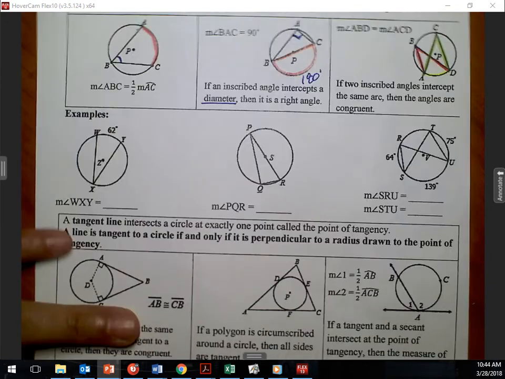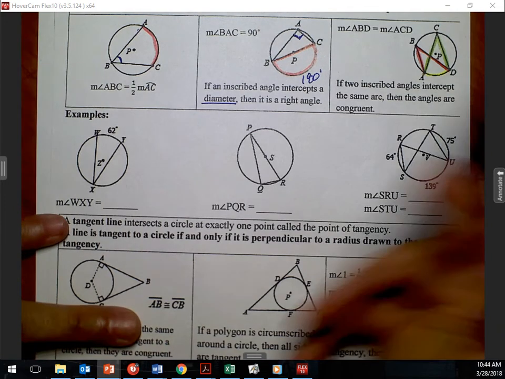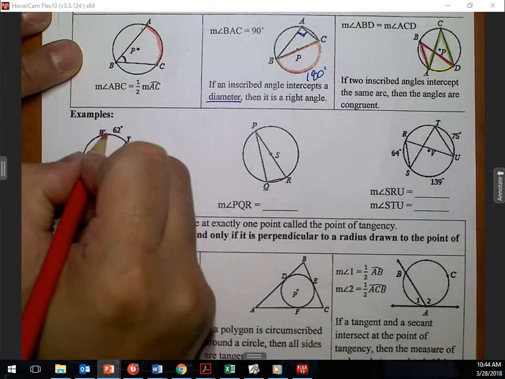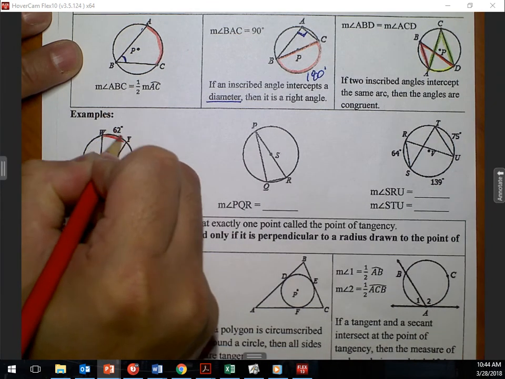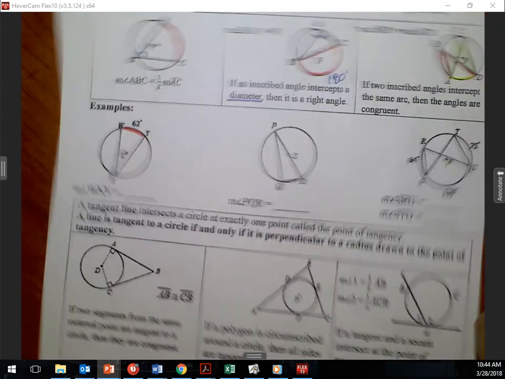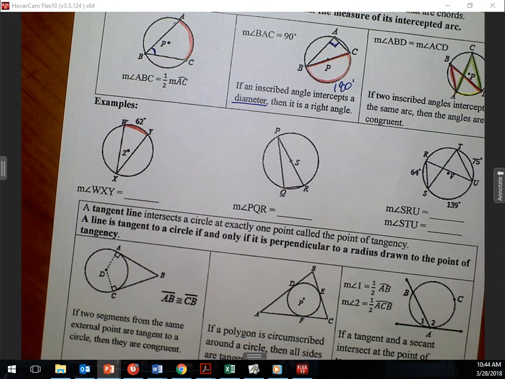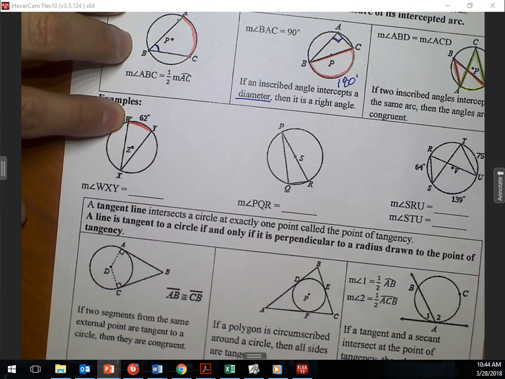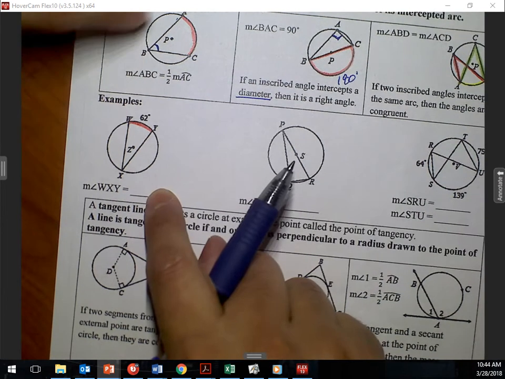All right, so let's take a look at this one right here. What is my arc on this first example? Did someone say 62? 62. Very good. I'm hoping people say something. This is my arc. So my formula goes along with this.